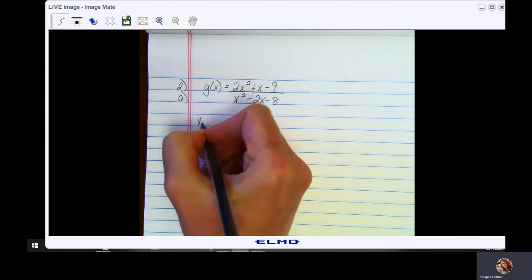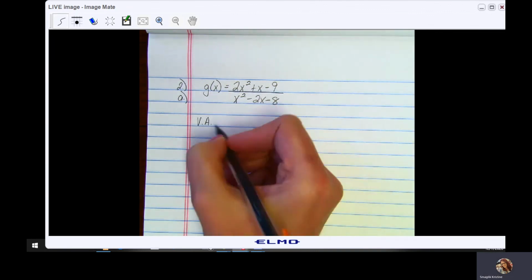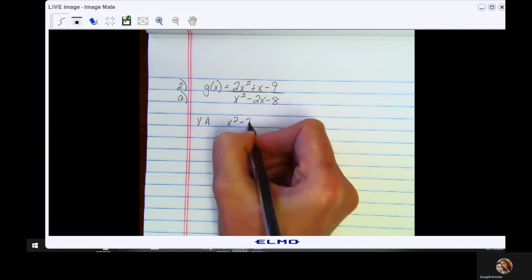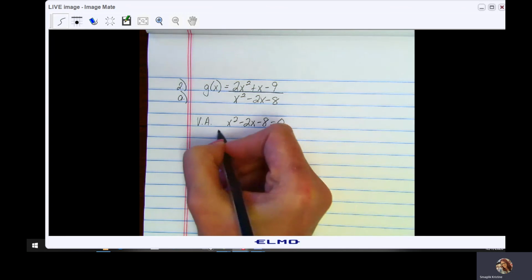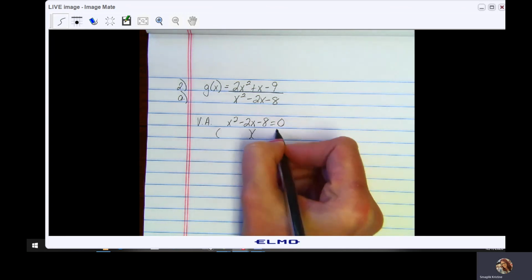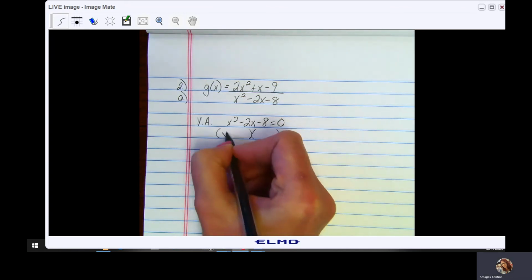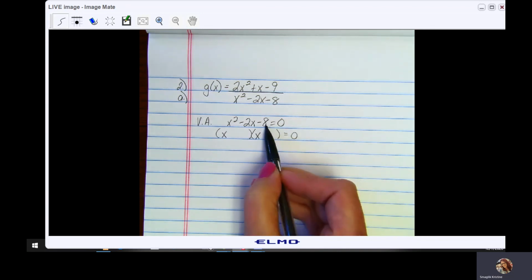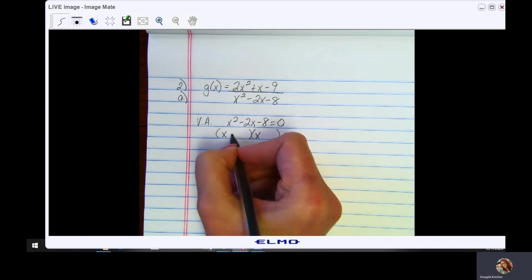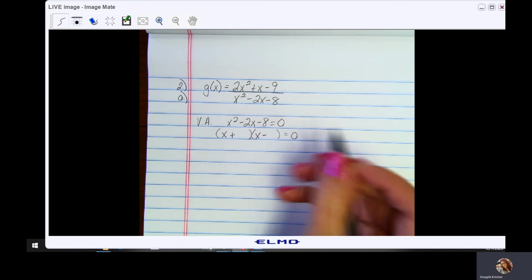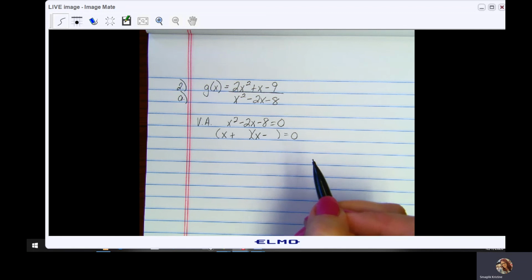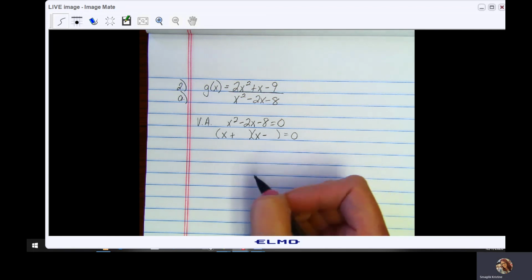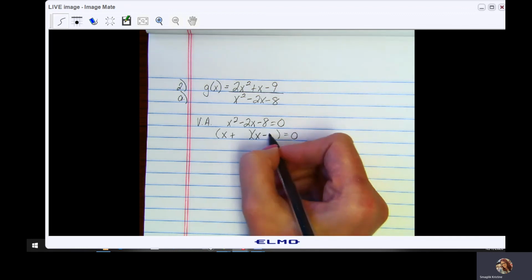To find my vertical asymptote, I'm going to take my denominator and set it equal to 0. Okay, now let's factor. I'm going to drop my x's in. My c value is negative, so that means my signs have to be different. So two numbers, when I multiply them, I get negative 8, but when I add them, I get a negative 2. Well, that would be a negative 4 and a positive 2.